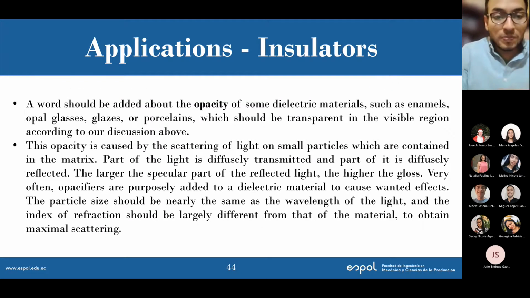Now, what happens with the opacity of some dielectric materials? For example, opals, enamels, and porcelains should all be transparent because they're insulators. Why are they not transparent in the visible region? That is because all of these materials have certain particles in the matrix.